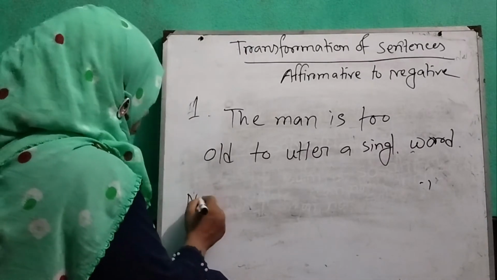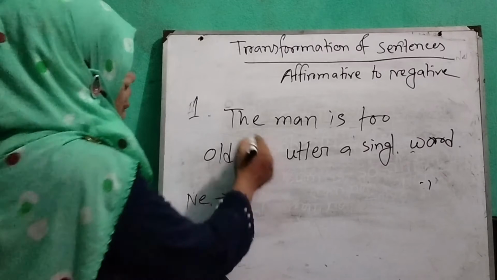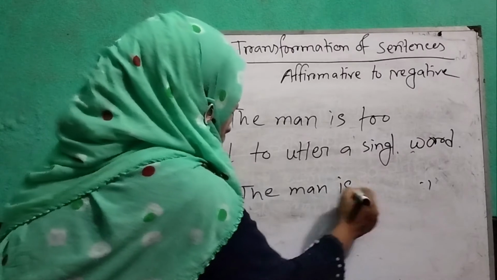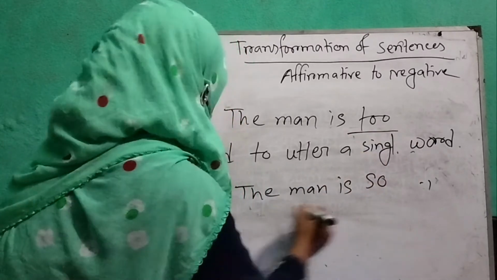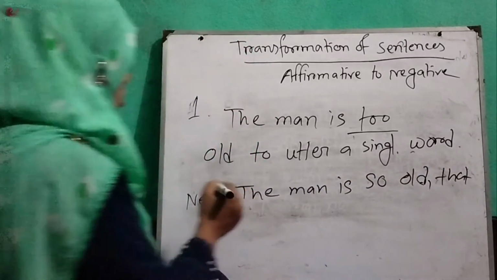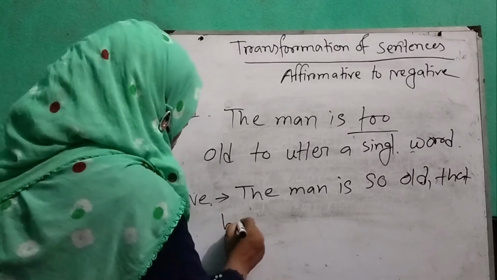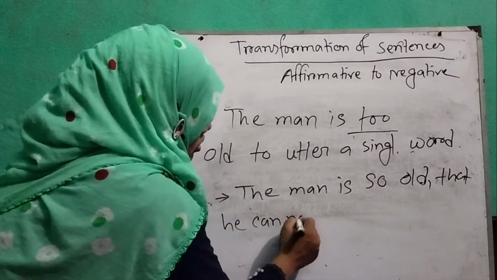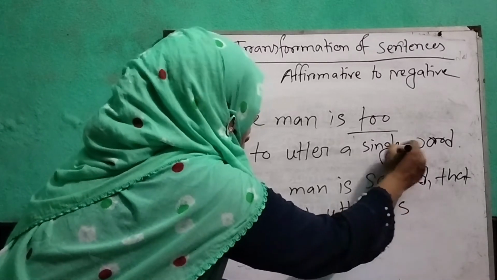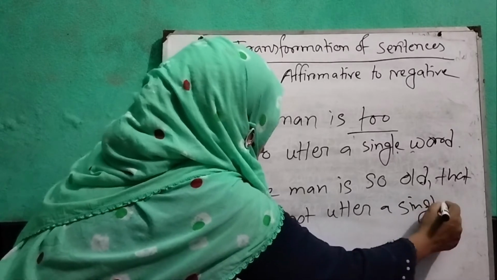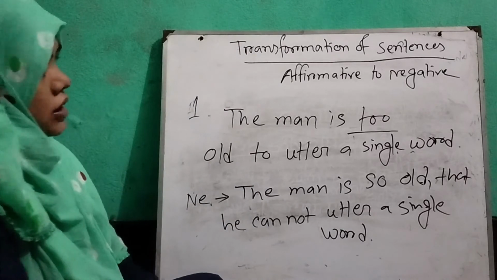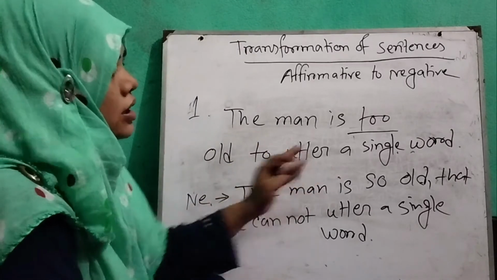So the man is so, instead of too old, that he cannot utter a single word. That means the man is too old to utter a single word.